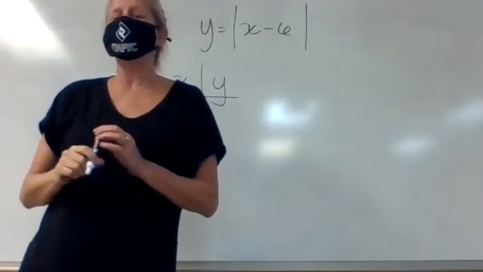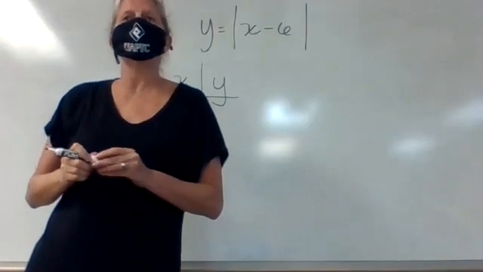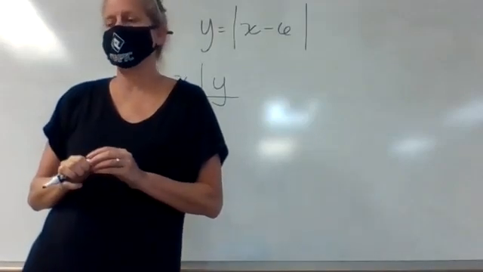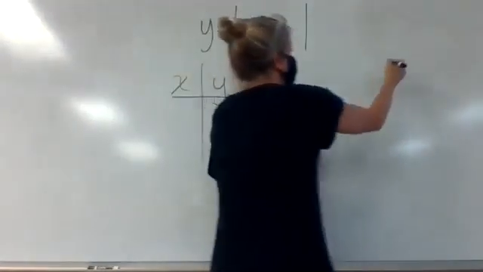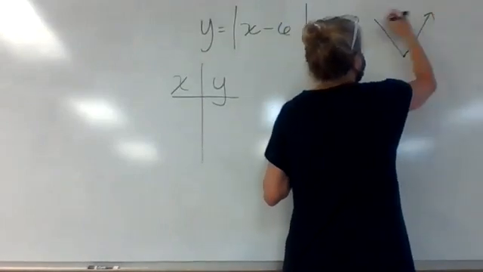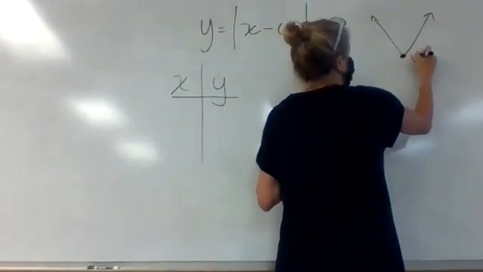When you're doing absolute value, it makes you plot the vertex first. The vertex is this point right here.